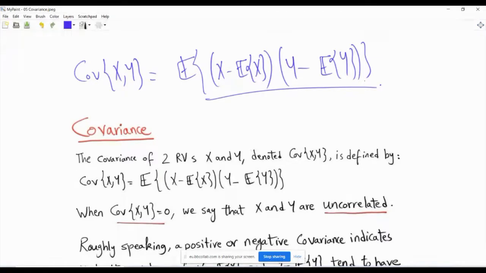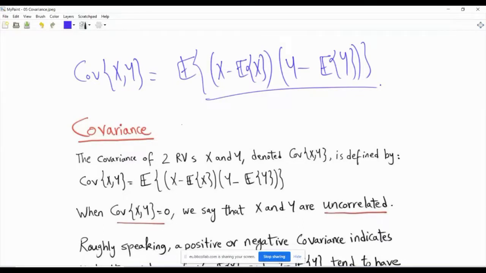The implicit assumption is that if I subtract the first moment, it exists and is finite. Then you multiply x minus expected x by y minus expected y and take the expectation of this thing. This is called the covariance.